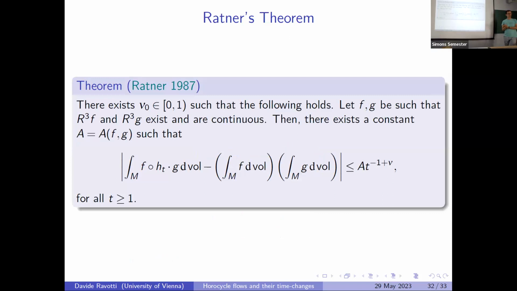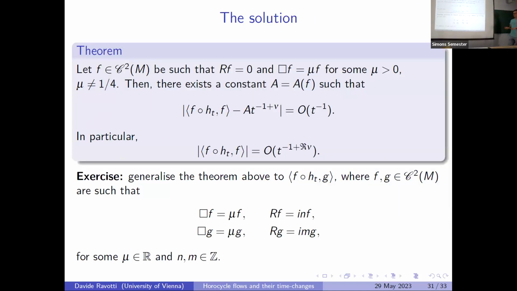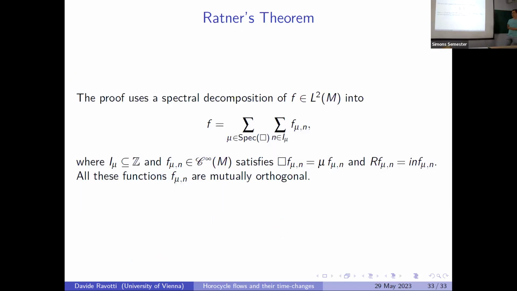Okay, so this is the result in full generality that was proved by Ratner, and again, I don't want to discuss the proof, but I'm claiming that once you prove this result for these functions, then the rest is harmonic analysis. Let me say a couple of words about how to prove it. As we did in the case of Horocycle ergodic averages, we use a general fact that if you have an arbitrary function in L2, you can decompose it into a sum of functions that depend on two parameters, mu and n, where mu is an eigenvalue of the Casimir operator, and n is some integer running over a subset of the integers.